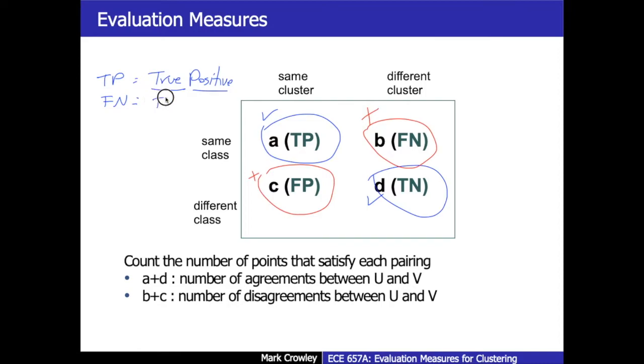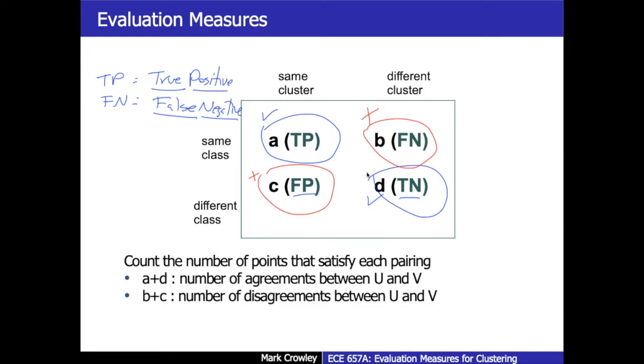Then we have false negatives, which would be the opposite, where we said they're different, but they're actually the same. It was a negative because we said the 2 data points aren't in the same cluster, but in reality they are in the same cluster, so we're wrong, and that's why it's a false negative, right? And similarly, there are the false positives and true negatives.